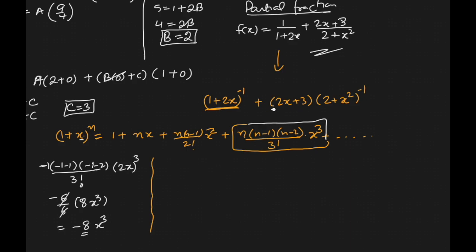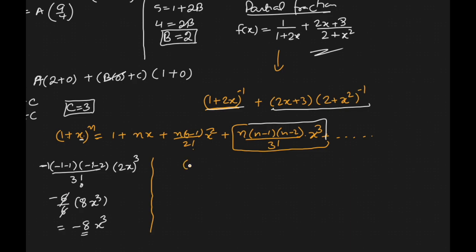Now we will focus on the second term. What we got was from the first term, now the second one. This 2x has to multiply with x square here so that I get x cube, right? First of all, this is not in the right form. Let me change this.